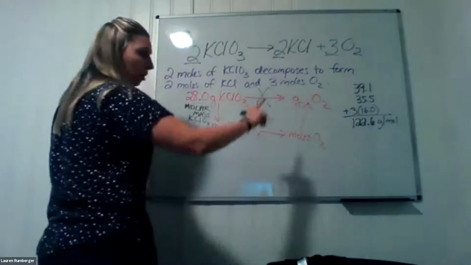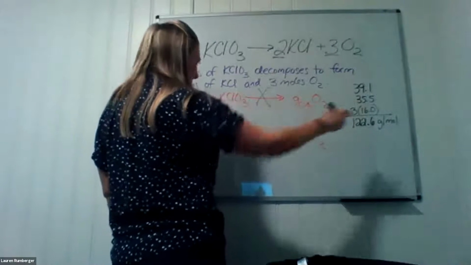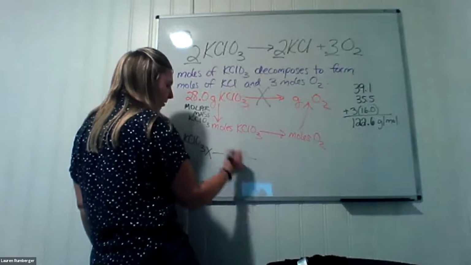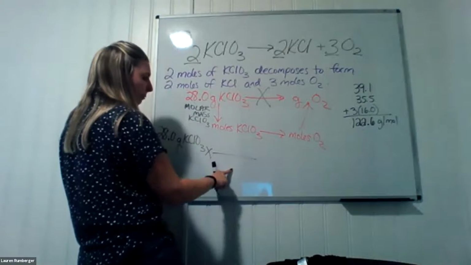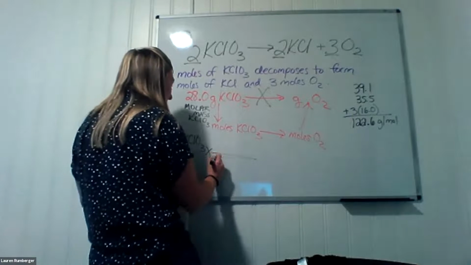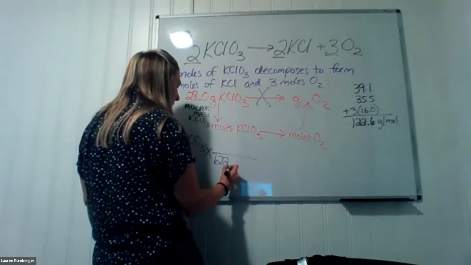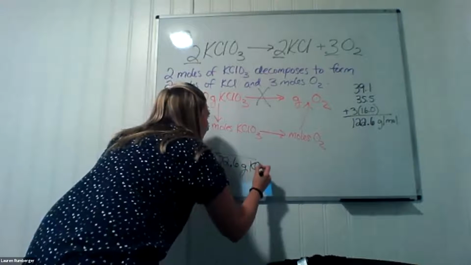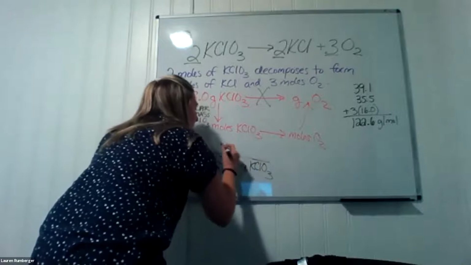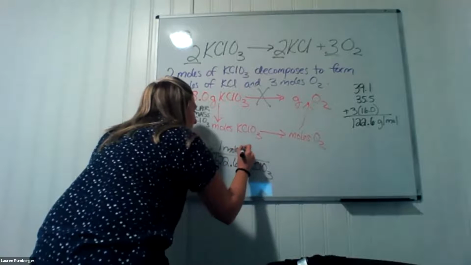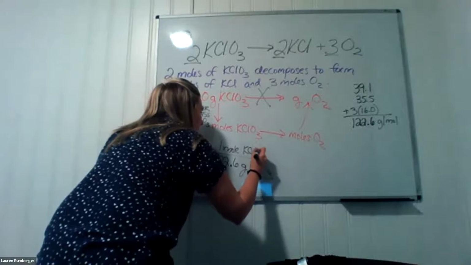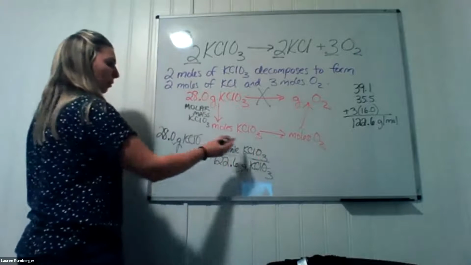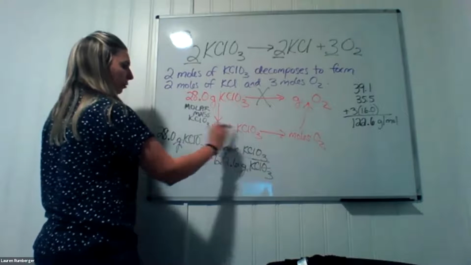So when we say 122.6 grams per mole, what that is telling you is the grams per 1 mole. We put the grams on the bottom to cancel diagonally. 122.6 grams of KClO3 per 1 mole of KClO3. Cancel out the units. Now we have moles of KClO3.